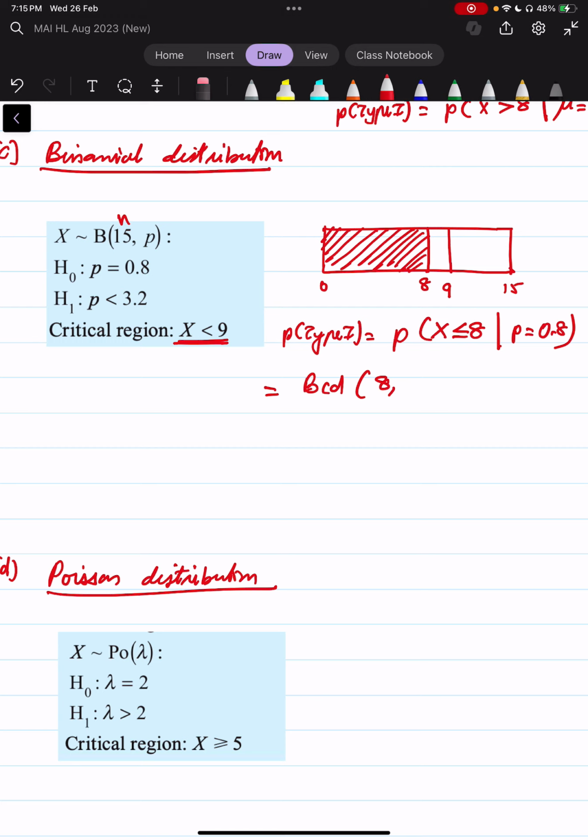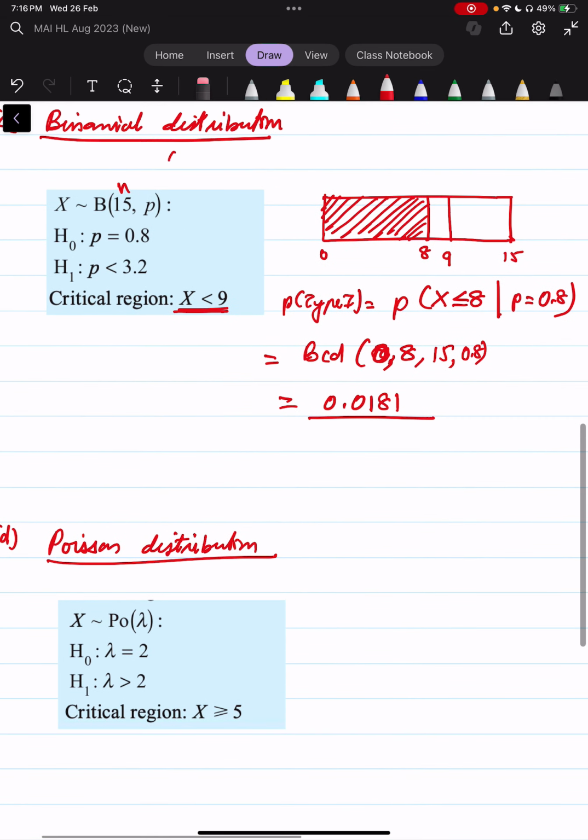Lower limit is 0, upper limit is 8, number of trials 15, and probability of success 0.8. So you will get this answer as 0.0181. So let me repeat. You took your lower as 0, number of trials 15, and probability of success 0.8. Be careful: here you can't take 9. You have to take 8 because you have less than 9.